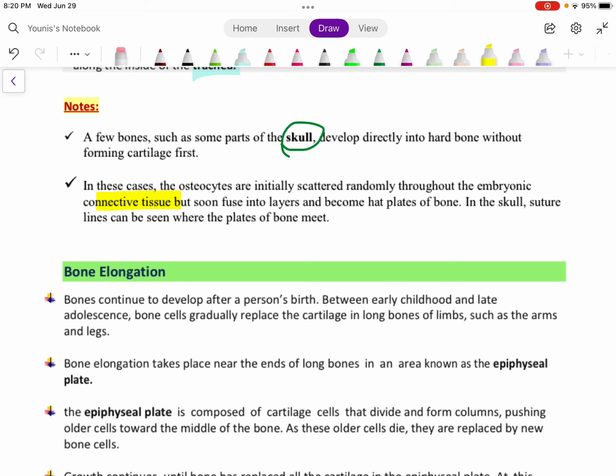So it becomes plates of bones in the skull, not cartilage. In the skull, some parts don't undergo the cartilage stage. The connective tissue directly forms bone tissue. That was about the bone development.